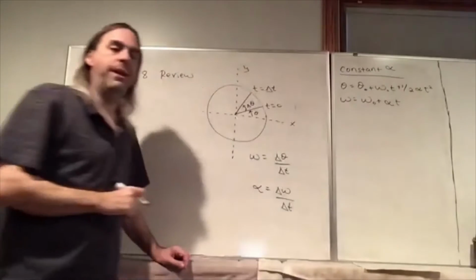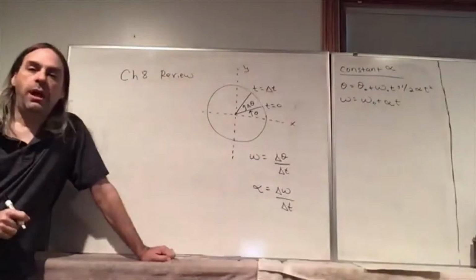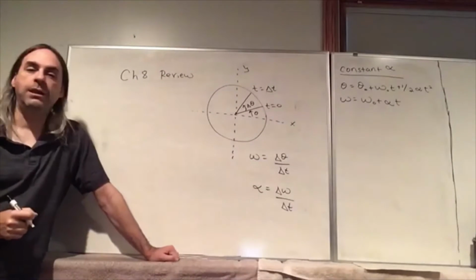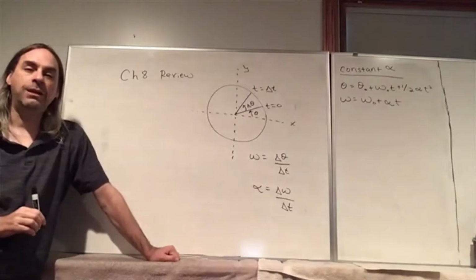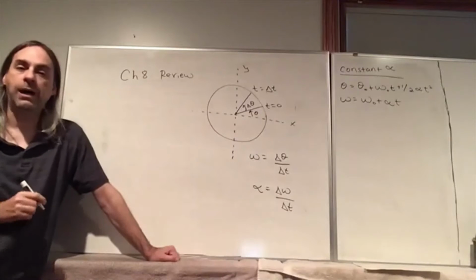If we know the initial position and initial angular velocity of the object, we can describe its position and angular velocity at all later times.